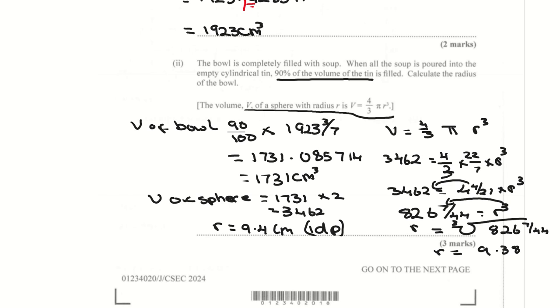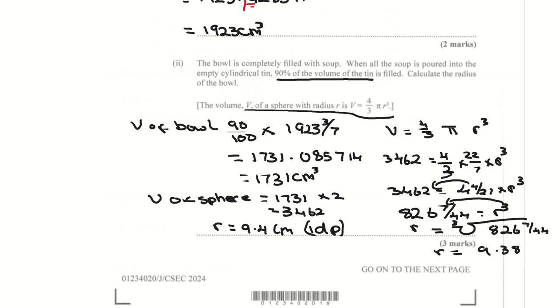Just depends. So you would still get the answer correct. They didn't tell you to use the exact values. They didn't give you that. So you can use the approximated answer to get this. Right? So the volume of your sphere.